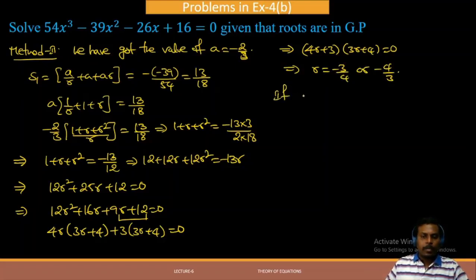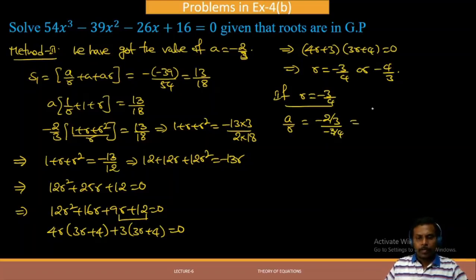Now if R value is equal to minus 3 by 4, A by R is equal to minus 2 by 3 divided by minus 3 by 4, so 2 by 3 into 4 by 3, that is equal to 8 by 9.